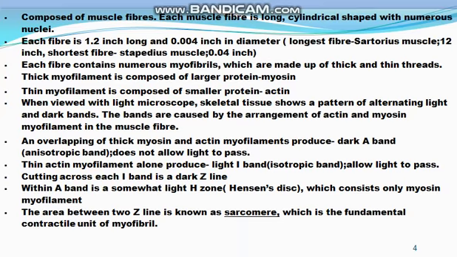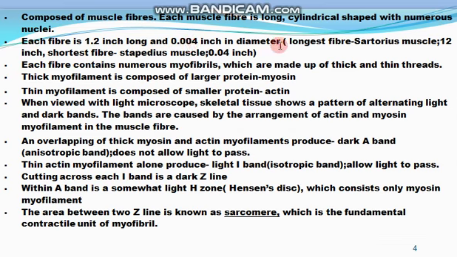This skeletal muscle is composed of muscle fibers, and each muscle fiber, or each cell of this skeletal muscle, is long and cylindrical with numerous nuclei. Each fiber is 1.2 inch long and 0.004 inch in diameter.